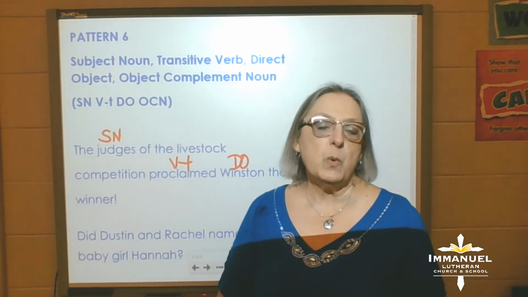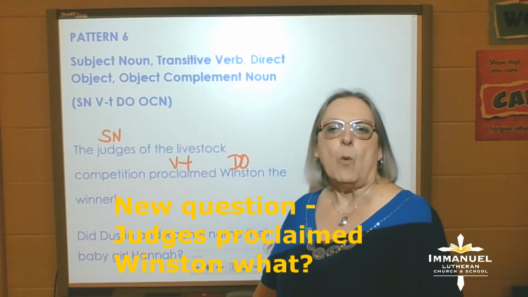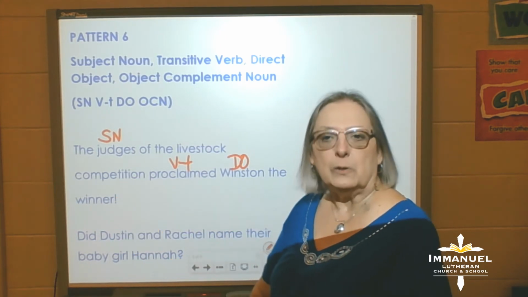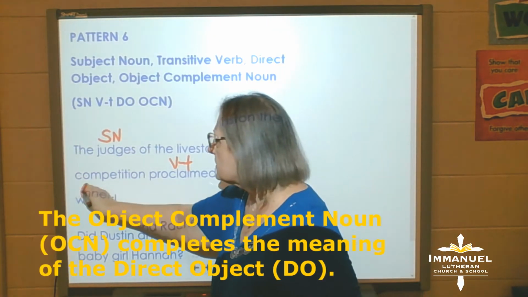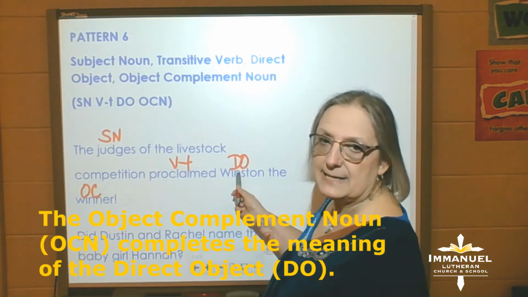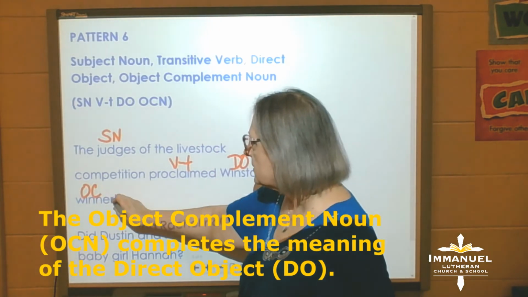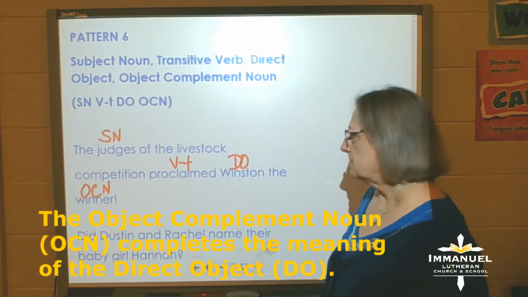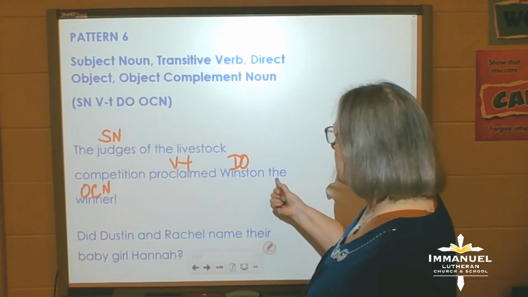Here's the new question. Judges proclaimed Winston what? They proclaimed him winner. Winner is a noun, so this is called an object complement because we're completing the meaning of Winston, the direct object, and we're using a noun to tell us more about Winston. That's our basic pattern. Now let's fill in. The is an article.